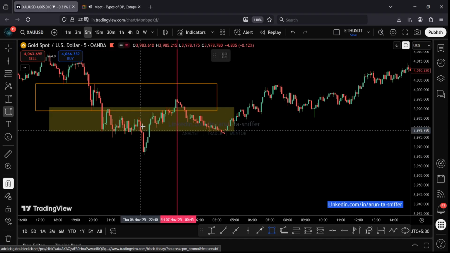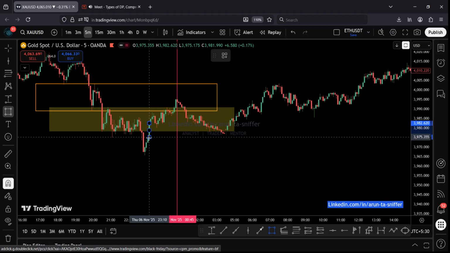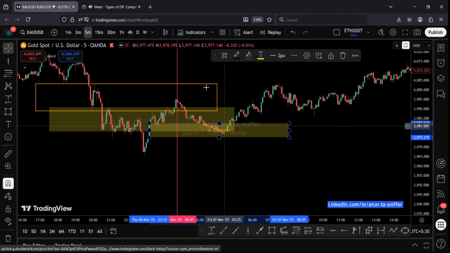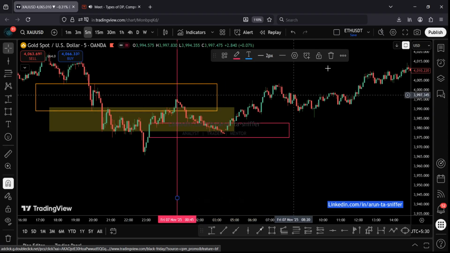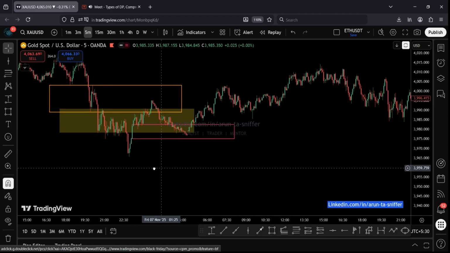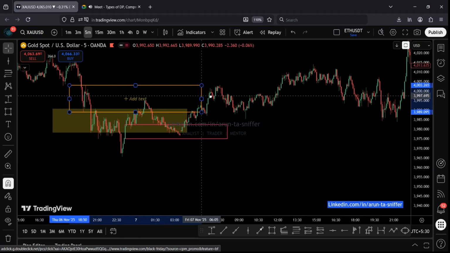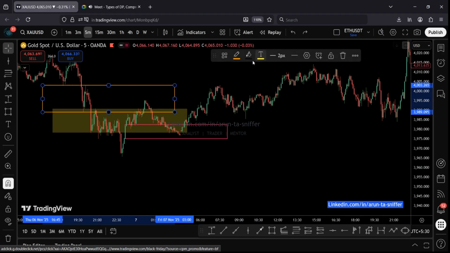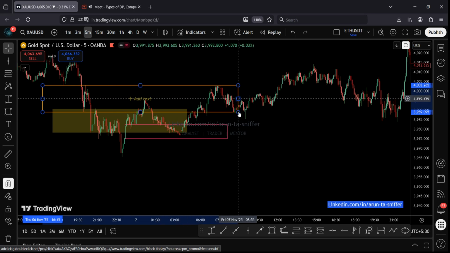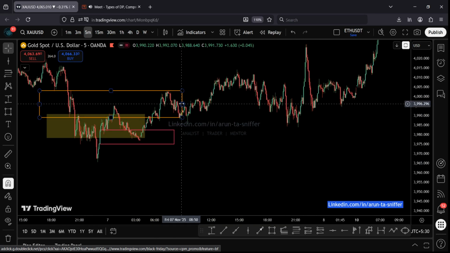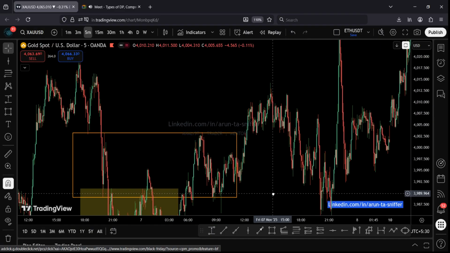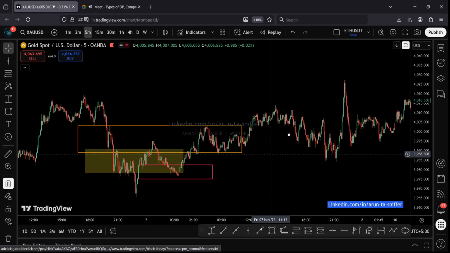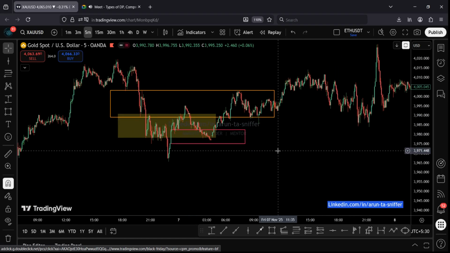We don't have pullback, so we will take this whole candle. Right? Like this, okay? This has engulfed here. Okay?